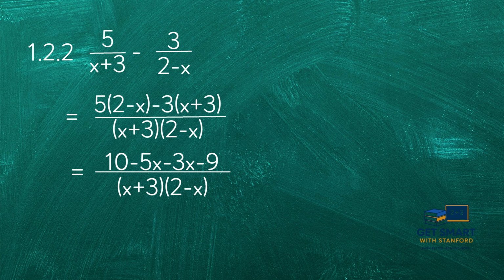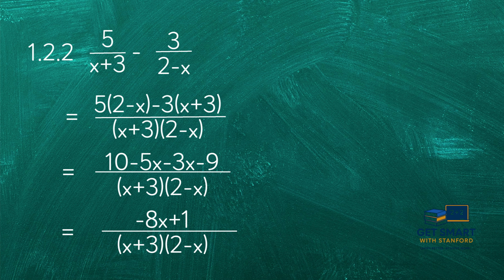Let us now combine and simplify the numerator. There's nothing to cancel here, so our numerator is minus 8x plus 1. Then our final answer will be minus 8x plus 1 divided by x plus 3 in brackets multiplied by 2 minus x in another bracket.